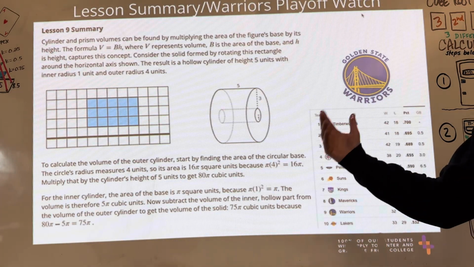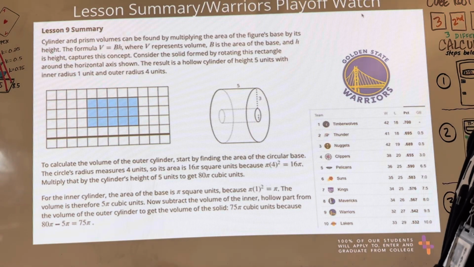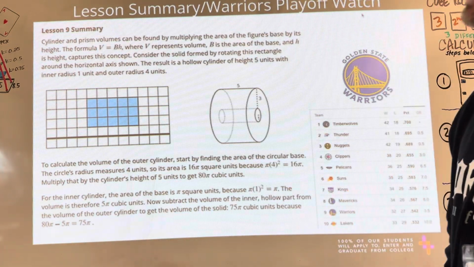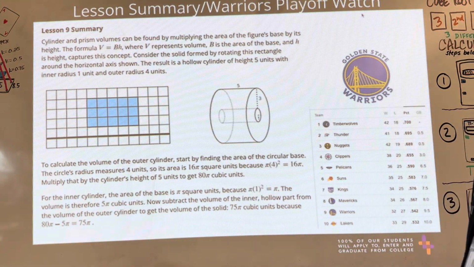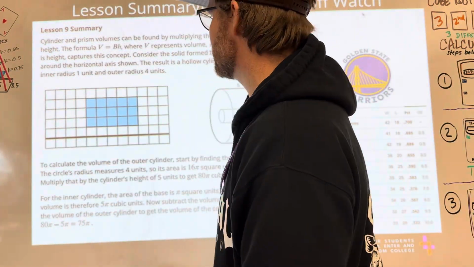But anyway, cylinder and prism volumes can be found by multiplying the area of the figure's base by its height. The formula volume equals base times height, where V represents volume, B is the area of the base, and H is height, captures this concept. Consider the solid formed by rotating this rectangle around the horizontal axis shown.